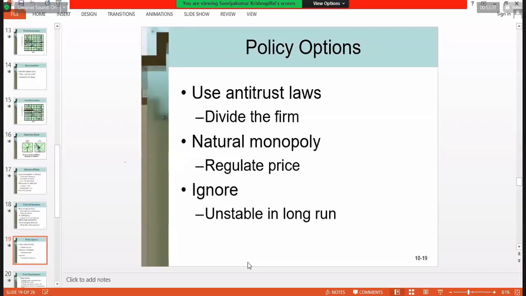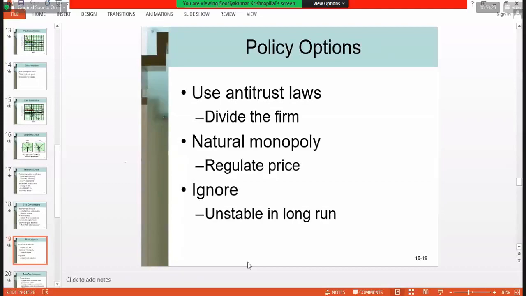So there are many firms that could not merge in the USA because of this antitrust law. Because the government thinks that if two big firms merge, they can become a monopoly. It may affect the consumers. They can sell at a higher price.